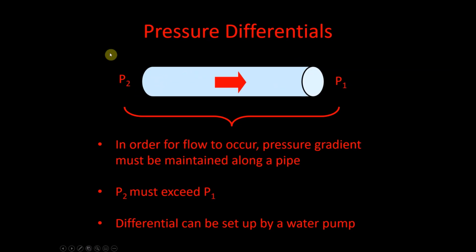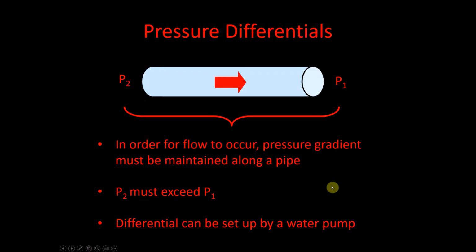In this case, we'd have a higher pressure system at P2 and a lower at P1, causing fluids to flow from P2 to P1. So if we want our fluid to flow this way, P2 must exceed P1. If we do it the other way round and P1 exceeds P2, then our fluid would flow from right to left instead of left to right.